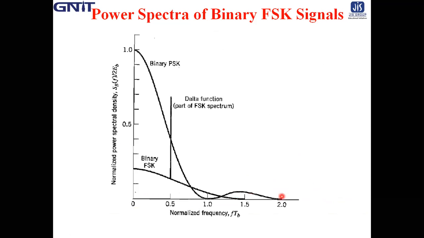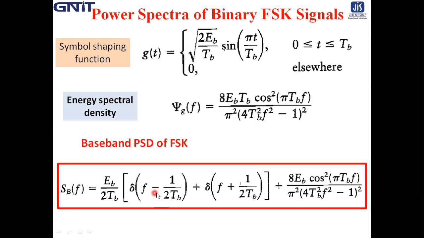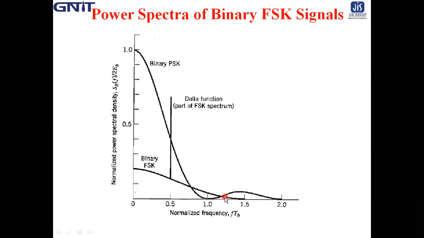So I am showing you the waveform: this is the BPSK spectrum, and this is the binary FSK spectrum. See, there is an impulse at f equal to 1 by 2TB and f equal to minus 1 by 2TB.